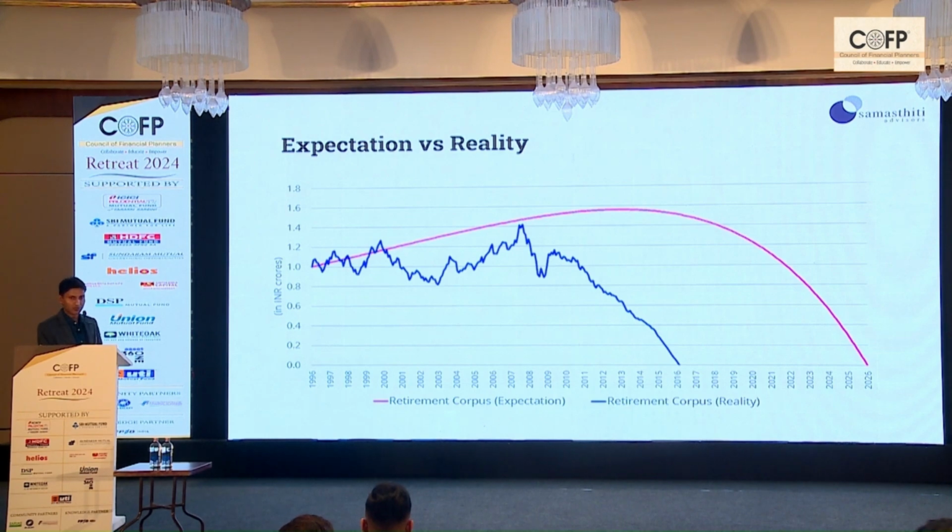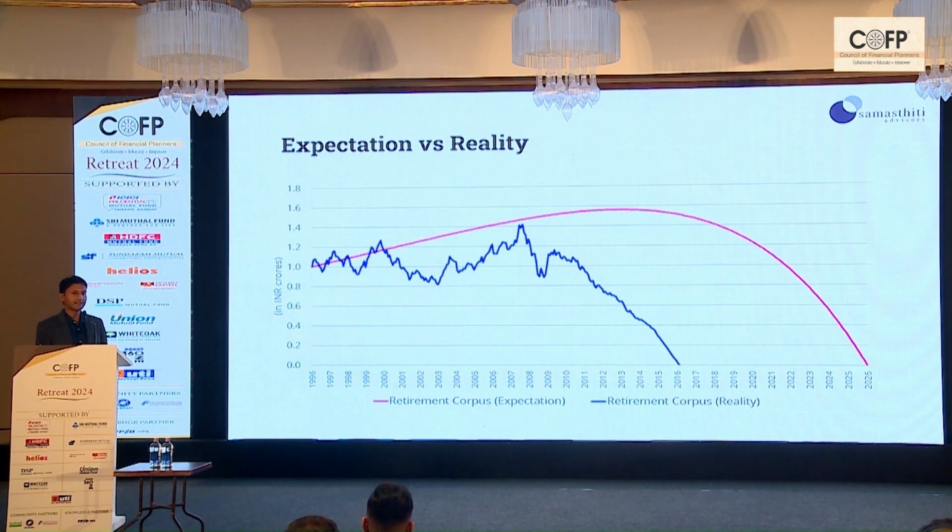But then comes the global financial crisis, and the market tanks again, and hence the retirement corpus also tanks. A similar conversation is done. Maya again tells Shalini that things will get better. Equity is a volatile asset class. But her retirement portfolio never recovers. You can see it exhausts itself at 2016, which is a full 10 years before it was supposed to exhaust.